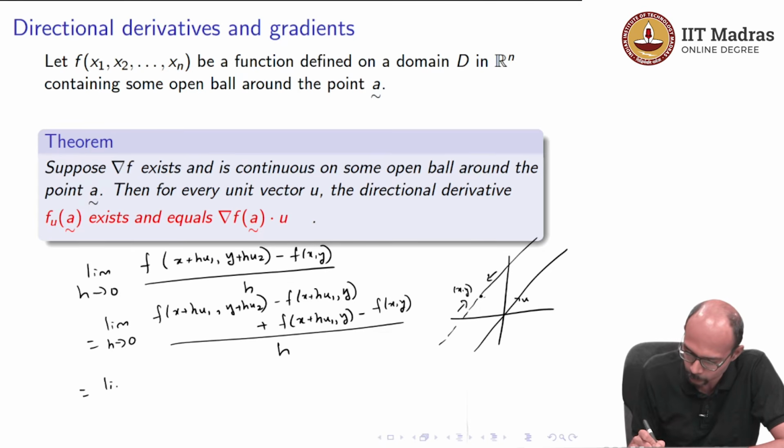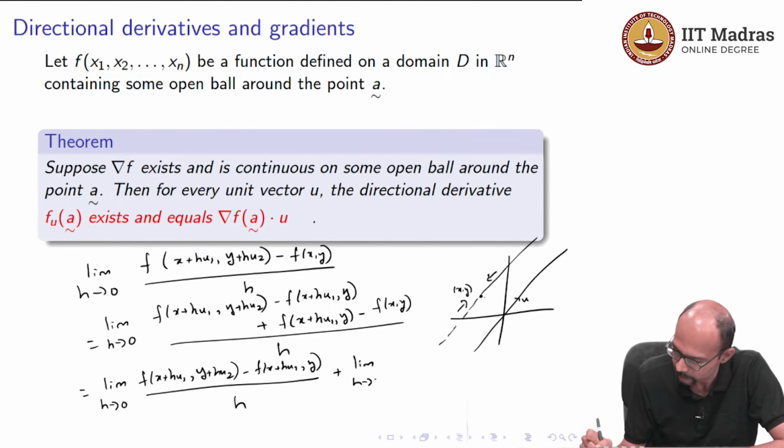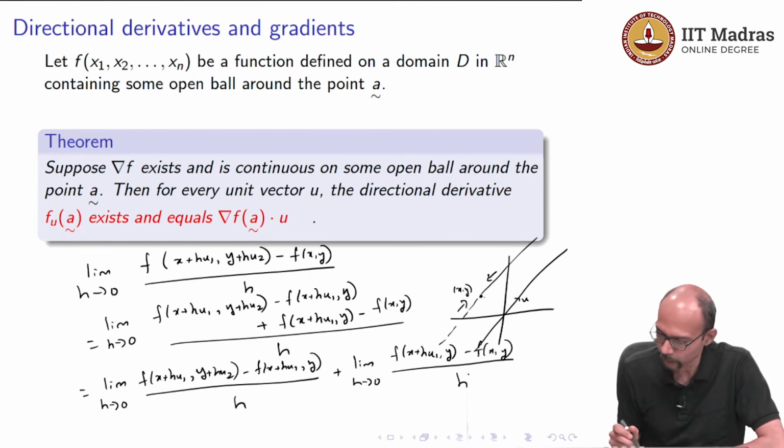If I split this up into two parts, so I get f of x plus h u1 comma y plus h u2 minus f of x plus h u1 comma y by h, plus f of x plus h u1 comma y minus f of x y by h. Okay, now let us interpret what these two things are.